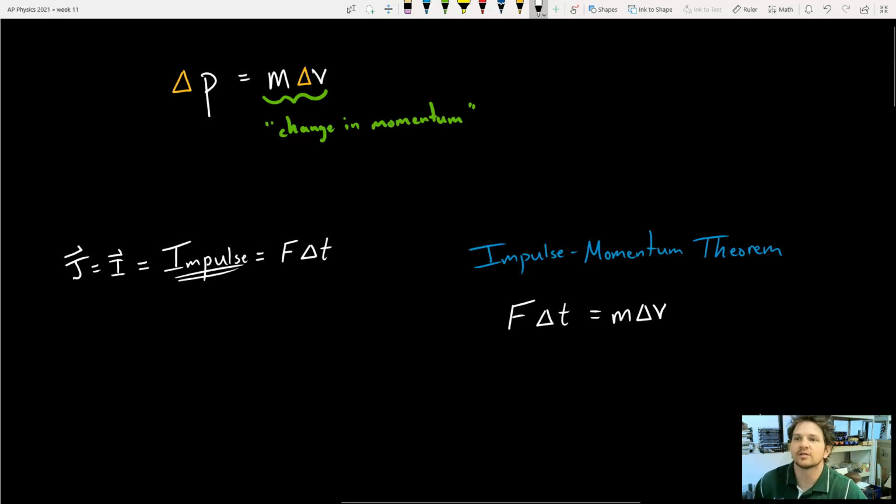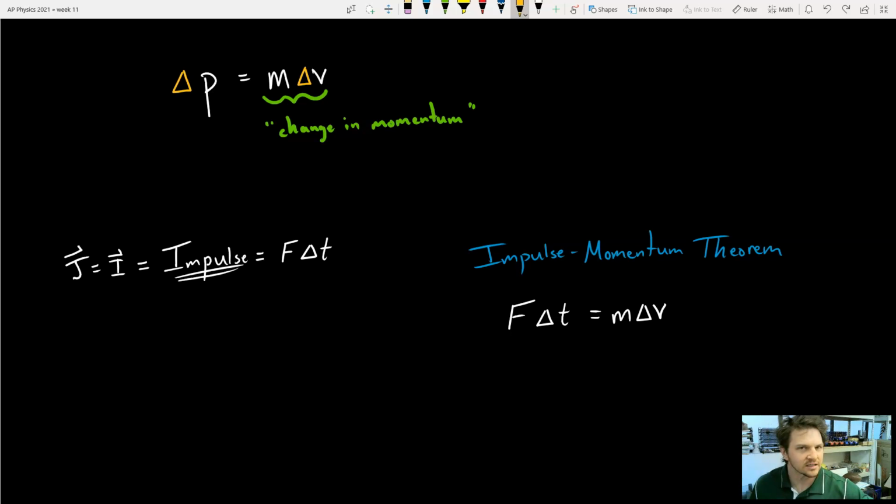If you think about this, it makes sense. If I apply a force to something, it's going to make that thing change how fast it's going. So that's really all that's saying. I apply a force over a time, and it makes a mass either speed up or slow down. That's it.